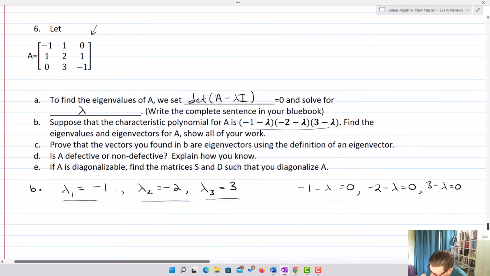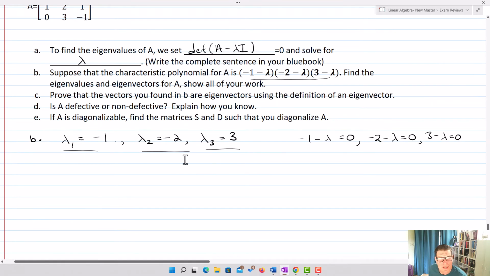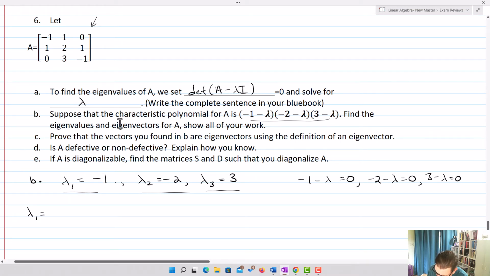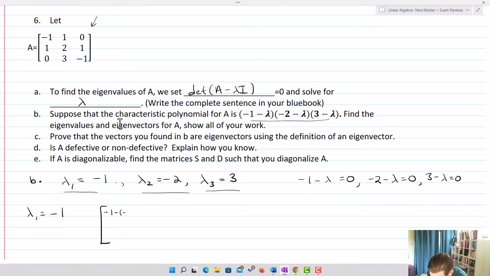Now I'm going to plug each of my lambdas into A minus lambda I. I'll start with lambda 1 equals -1, so I'm going to subtract -1 from the diagonal.